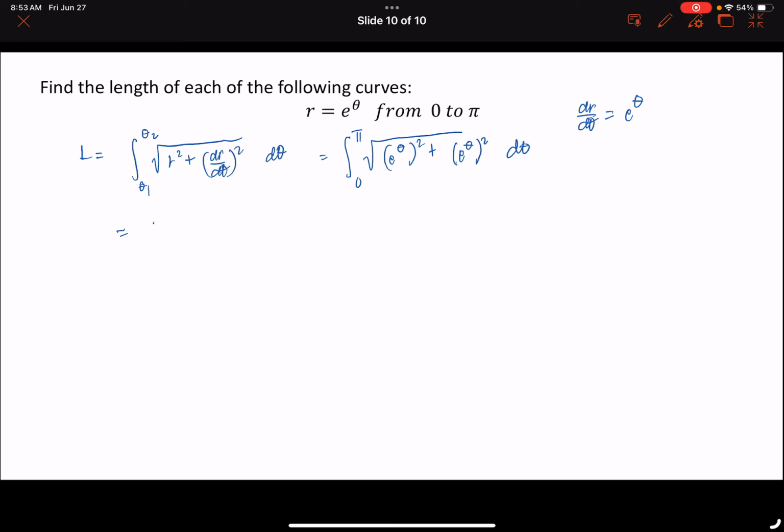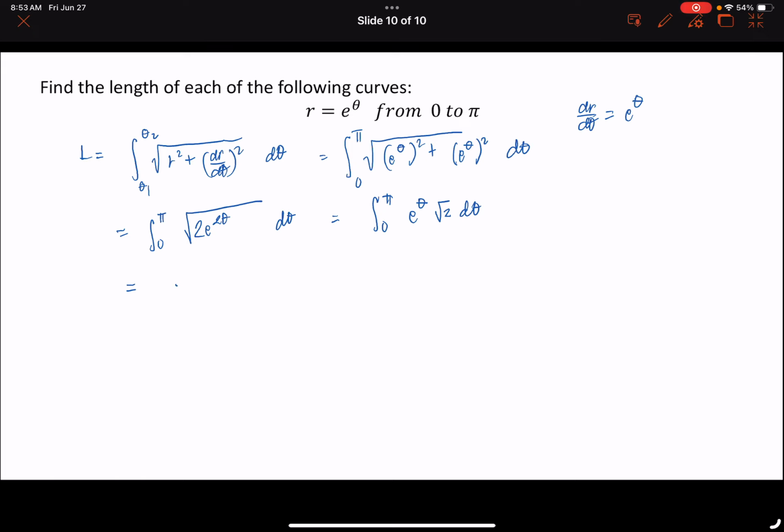So that would be the integral from 0 to pi square root of 2e raised to 2 theta d theta. So that would be the integral from 0 to pi of e raised to theta square root of 2 d theta.